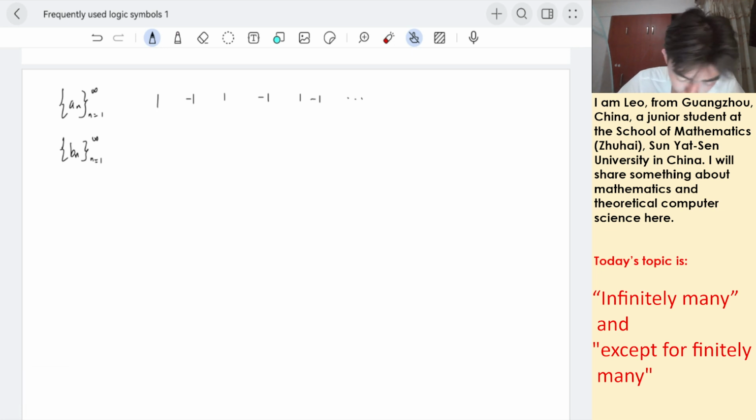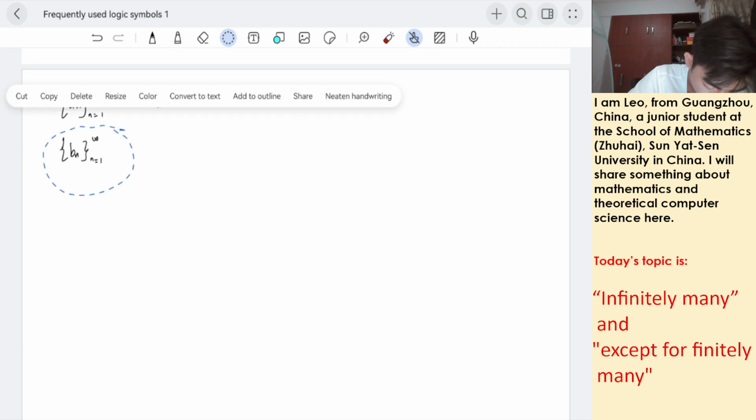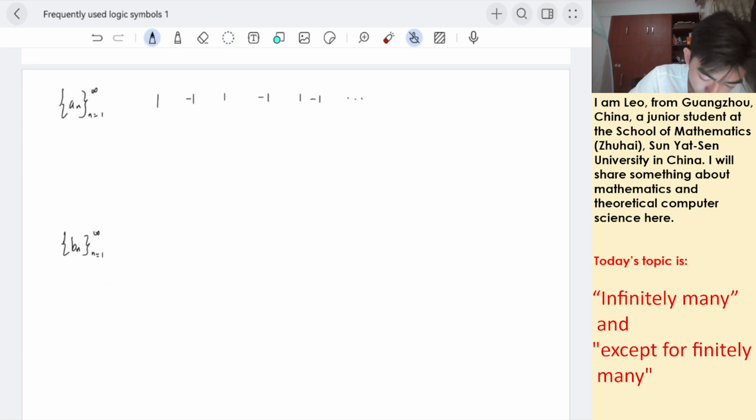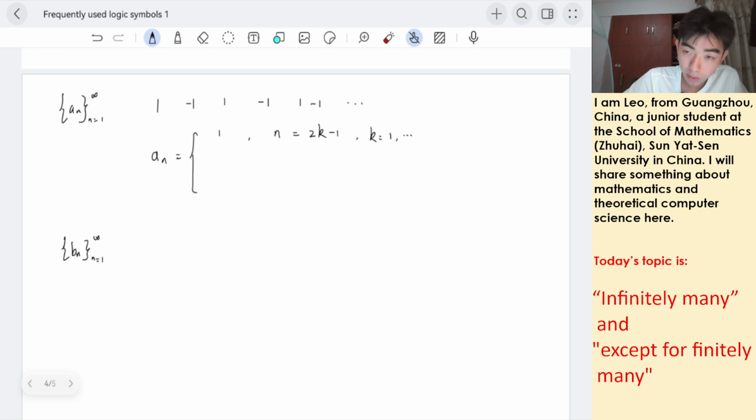That is, an is equal to 1 when n equals 2k minus 1, k from 1 to infinity, right?